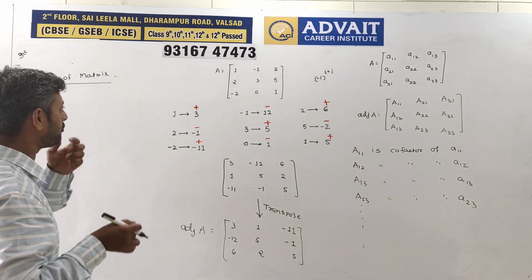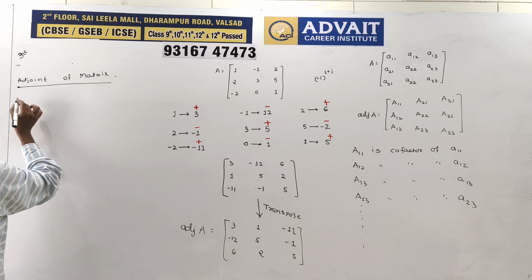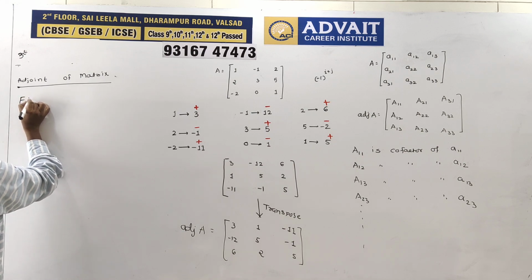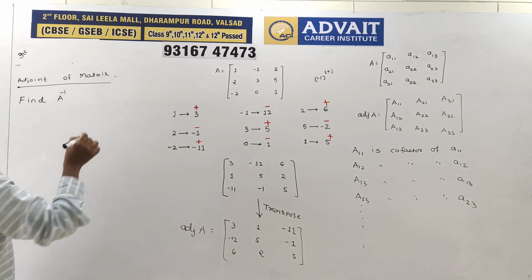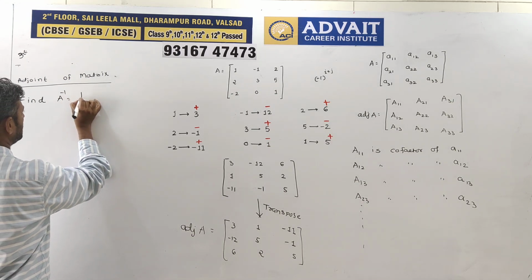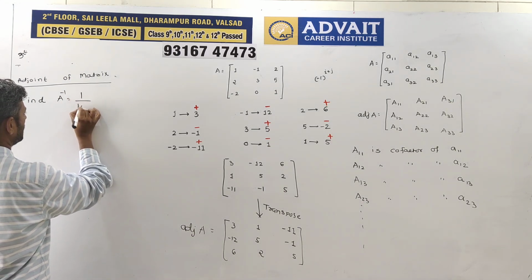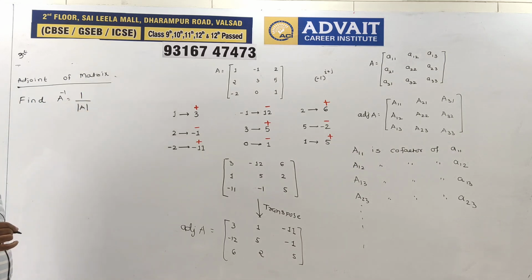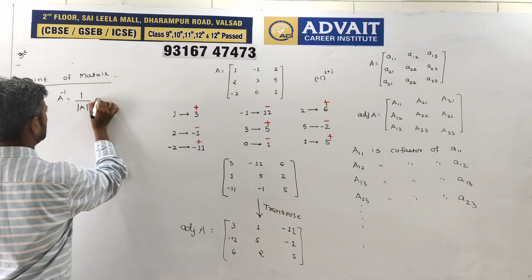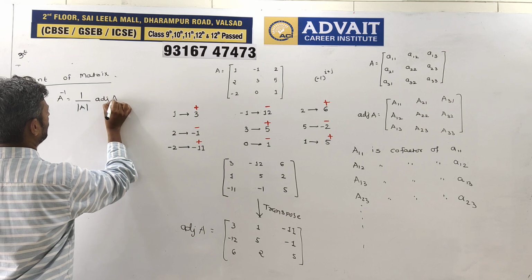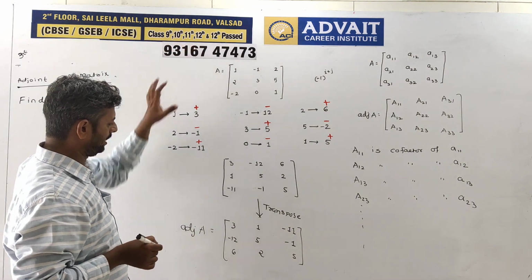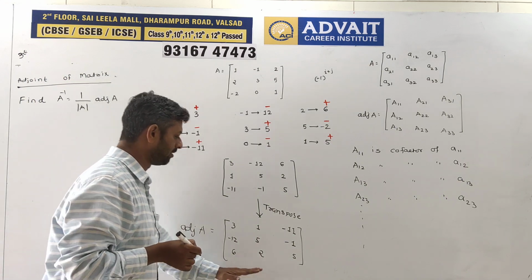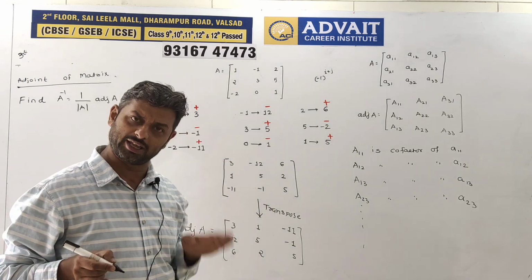But if they have asked to find A inverse, then the formula method is 1 upon the determinant value of A into adjoint of A. So if they have asked to find only the adjoint, then you finish over here.